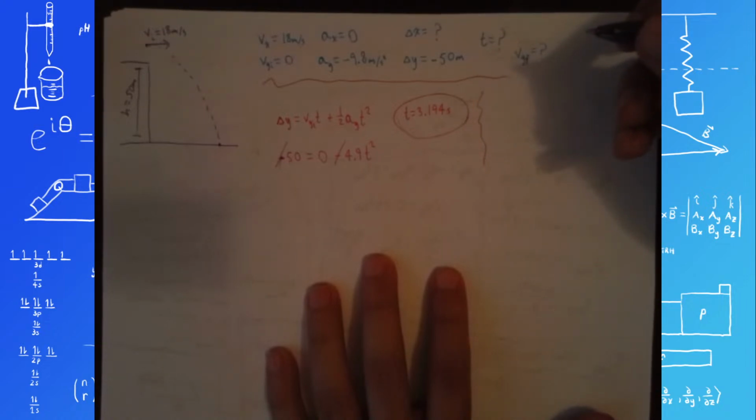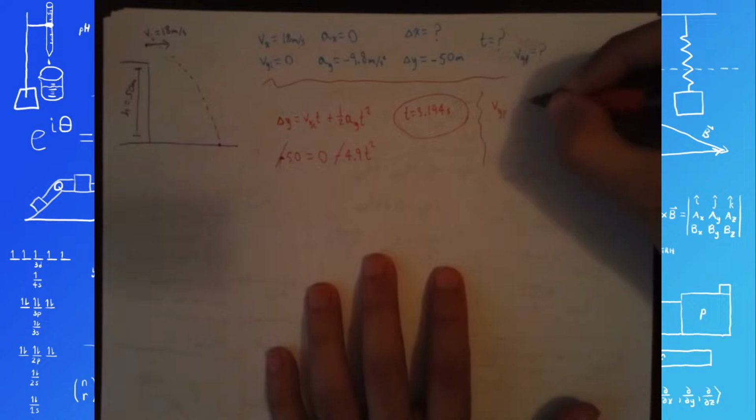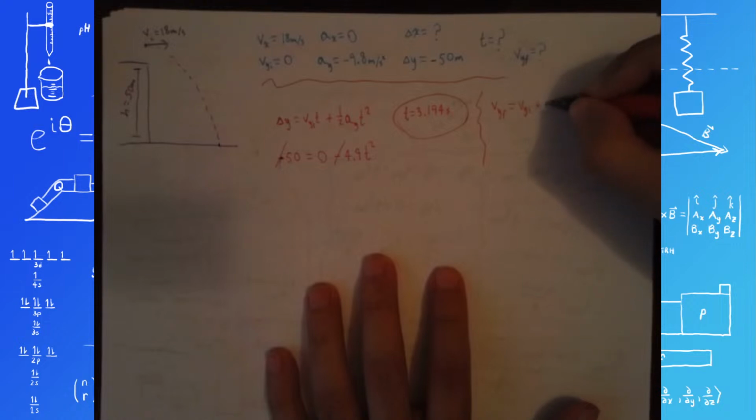I think the first equation will help us here, so vy final equals vy initial plus acceleration in y times t.